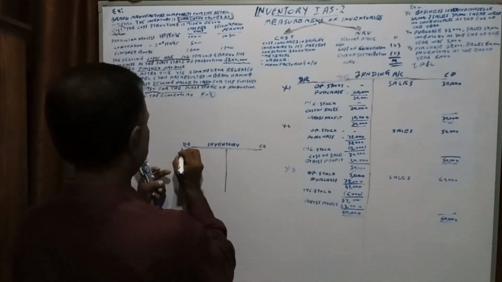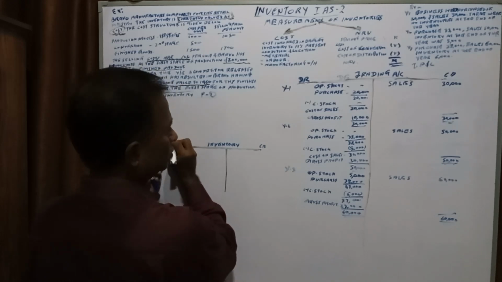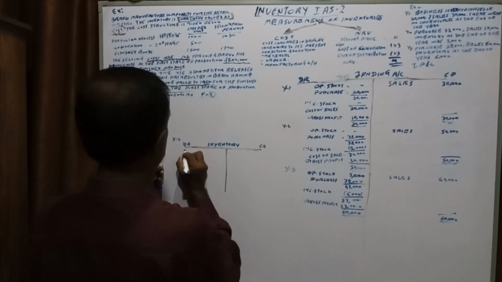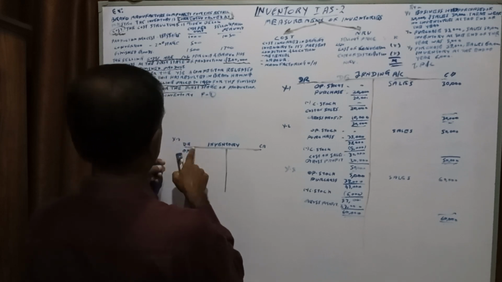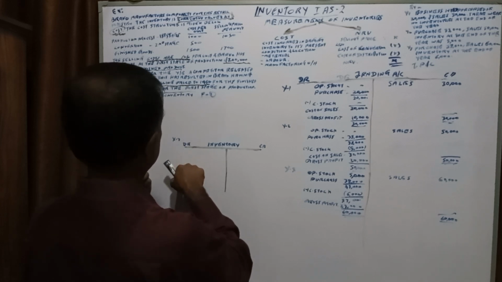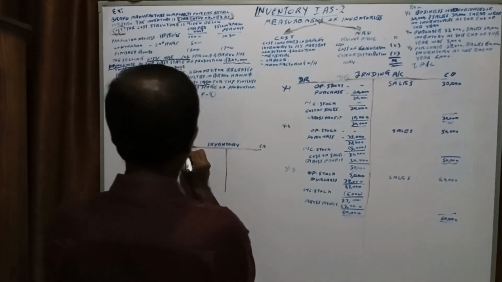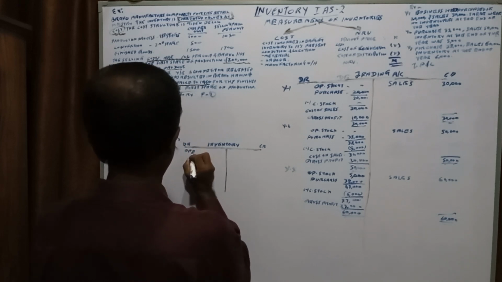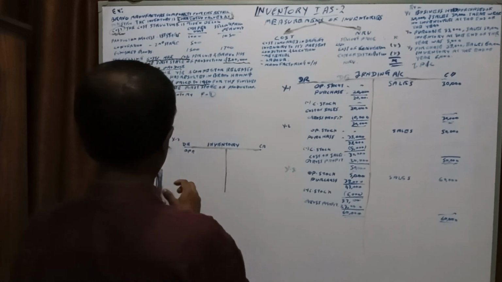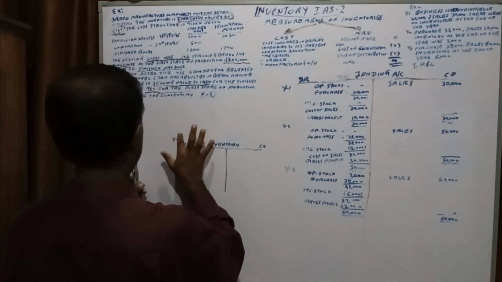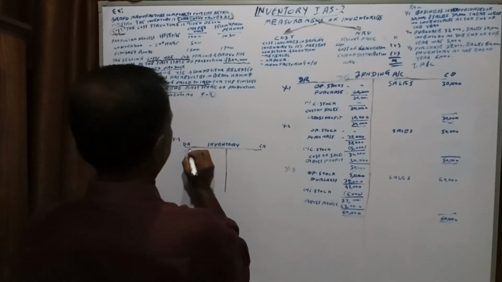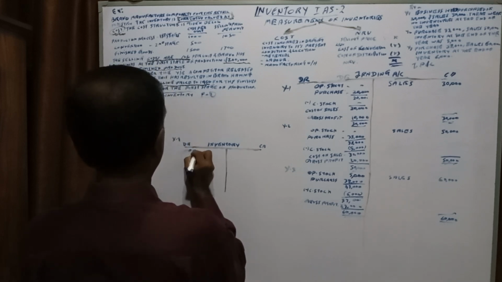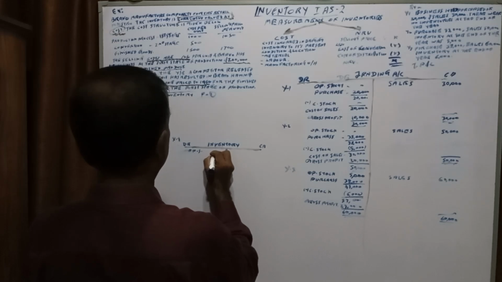Opening stock, they had an opening stock in year 3 only. I will show you. We'll start from year 1, right? Year 1 closing stock, there is no opening stock. Opening stock is not there, right?